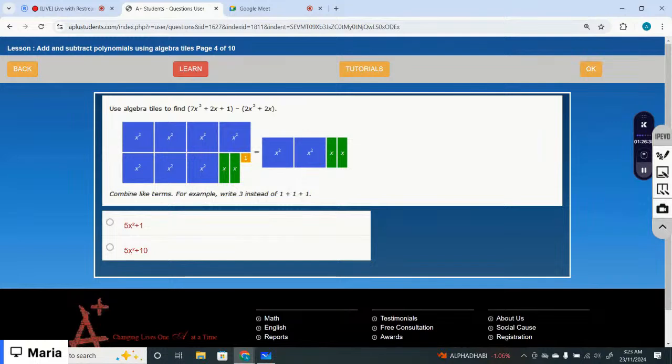Use algebra tiles to find 7x square plus 2x plus 1. Take away 2x square plus 2x. So which is the correct option?